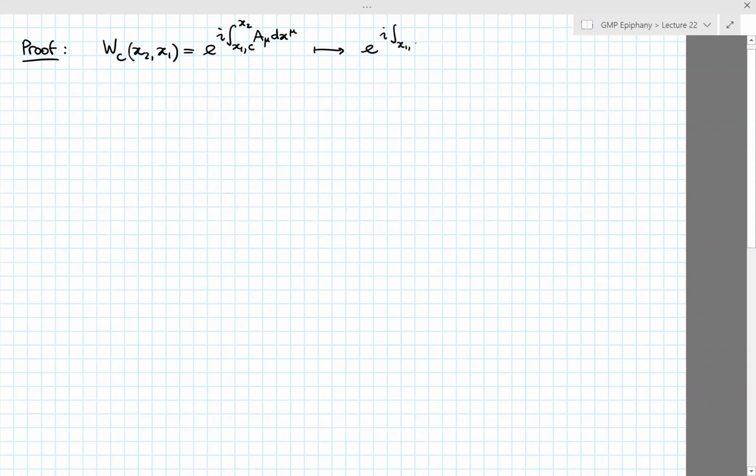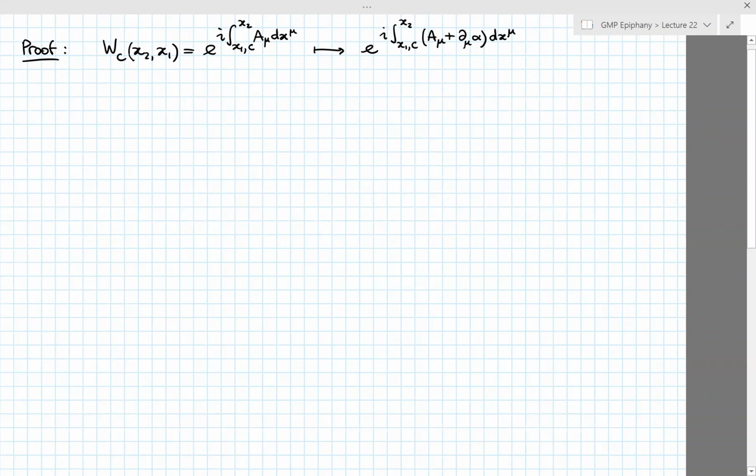All right, let's discuss the proof briefly. So we'll start with the Wilson line, which I remind you is the exponential of i times the integral from x1 to x2 of A_mu dx^mu, where the integral is along the curve C. And under a gauge transformation, what happens is that the gauge field goes to its gauge transform A_mu plus the partial derivative of alpha with respect to x^mu.